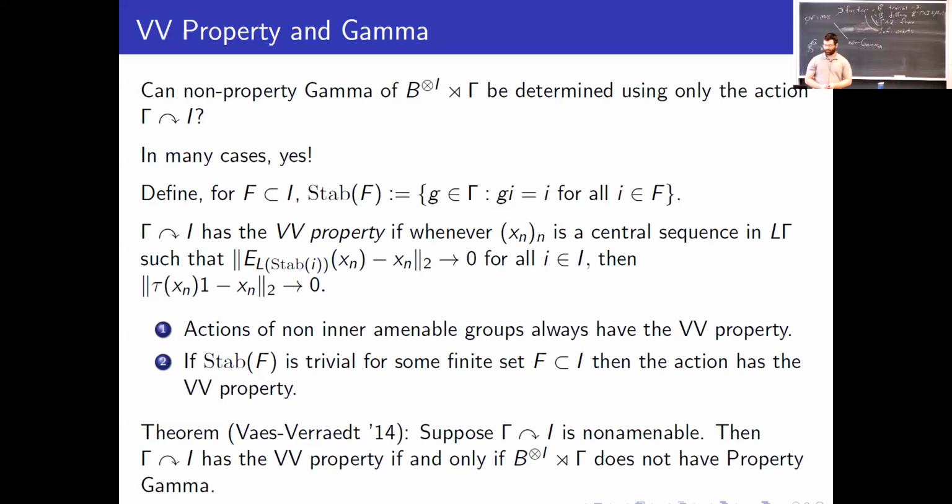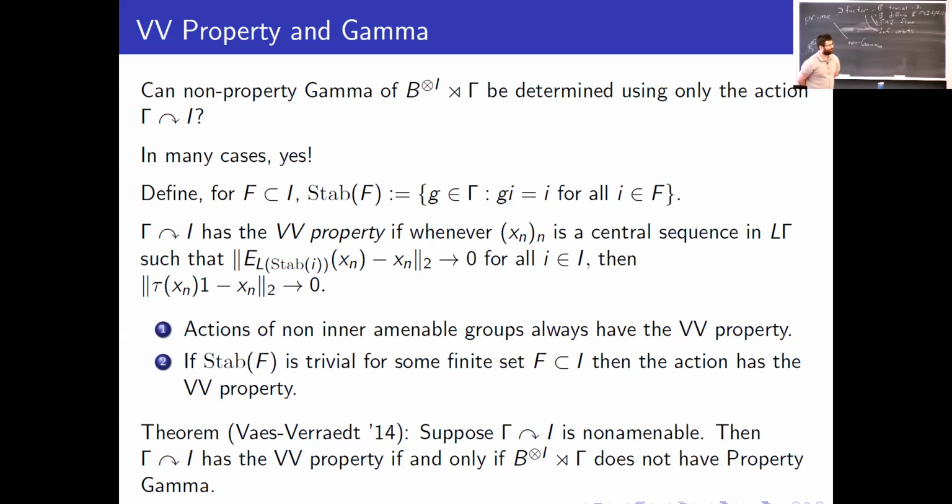Okay, so then the theorem. Why is this property interesting? Well, if you have a non-amenable action, I guess I didn't define what that means for these, but it's just that the action on L infinity of I should have a left invariant mean. It's the same definition as for amenability, except you change the set that's getting acted on from gamma to I. Anyway, if you have a non-amenable action, then the VV property is equivalent to the crossed product not having gamma.